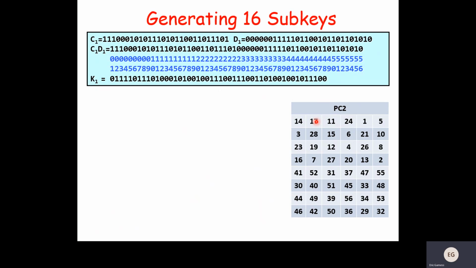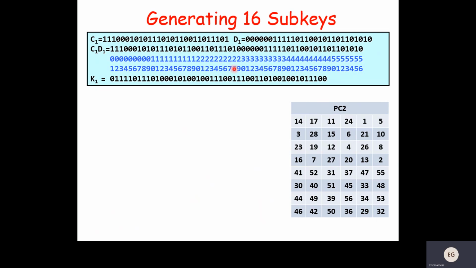Then I need bit 17. Bit 17 is this one in the input, so this one will go as the second bit. Then I need bit 11. Where is bit 11? It is this one, so this one will be the third bit. Let me do the last 2 bits. I need bit 29.